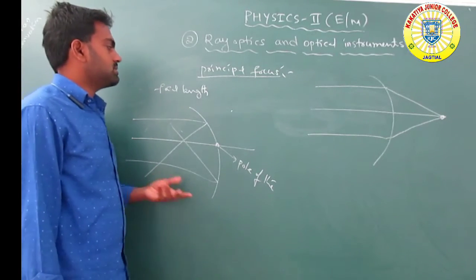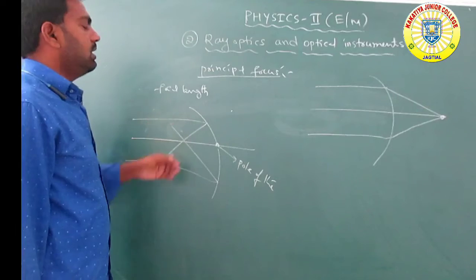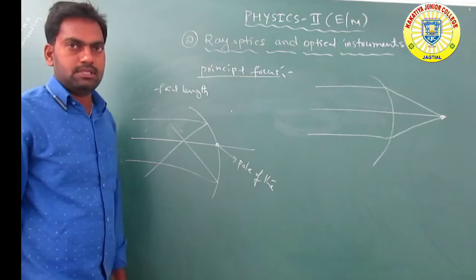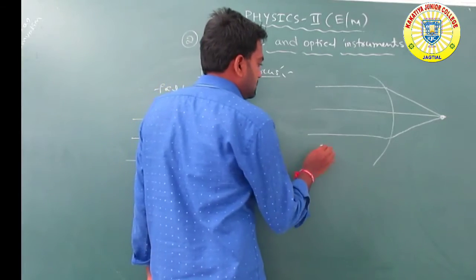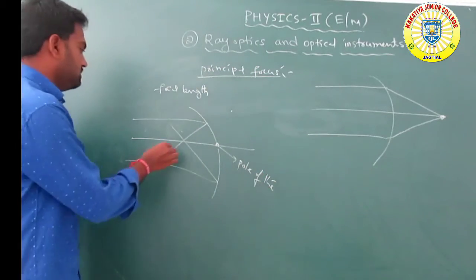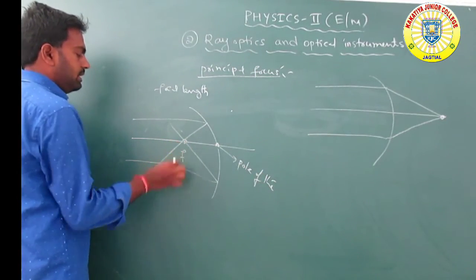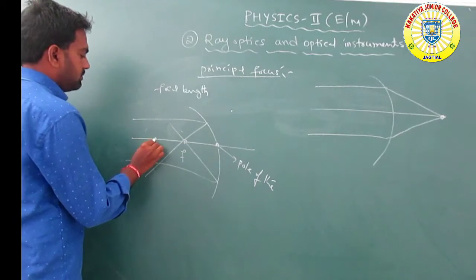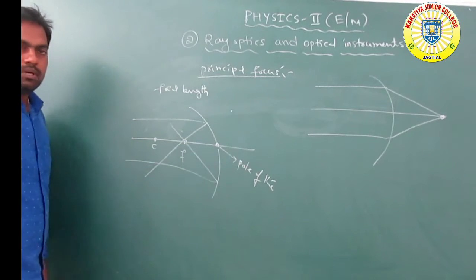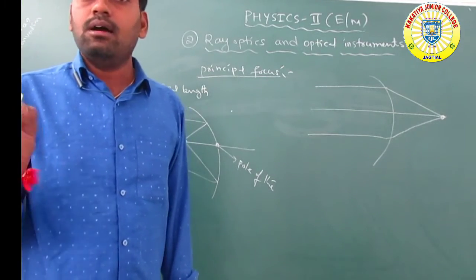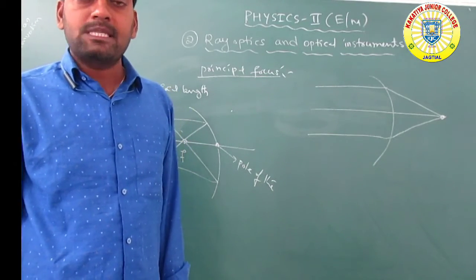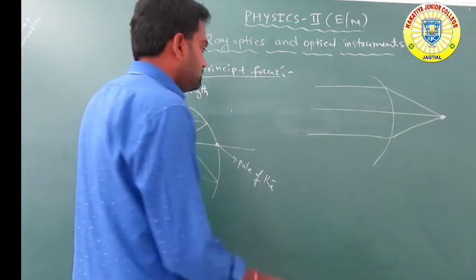Right. Now next we discuss the center of curvature. Here this is the focus, denoted by F, and the center of curvature is denoted by C. What is the center of curvature? The curvature is one part of a sphere.